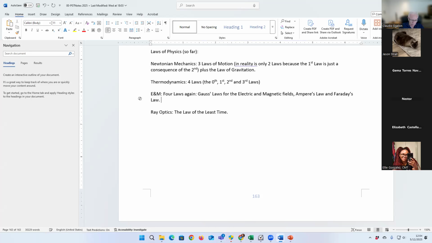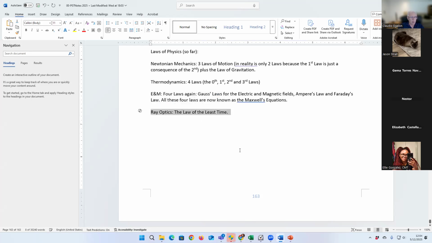All those four laws are now known as Maxwell's equations, who was the guy that gave the final touches to all those four laws.